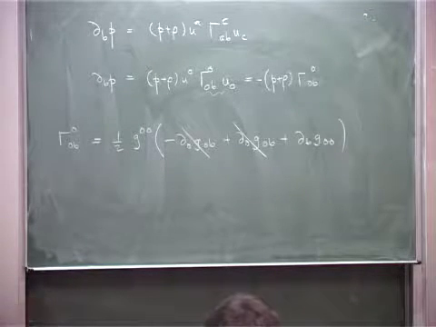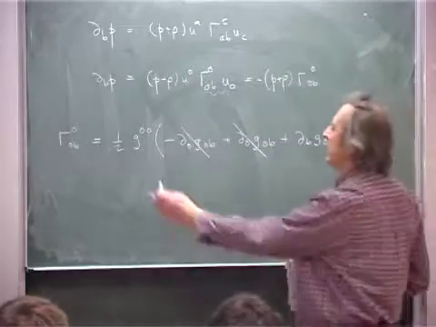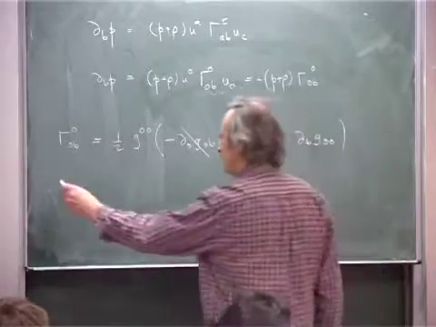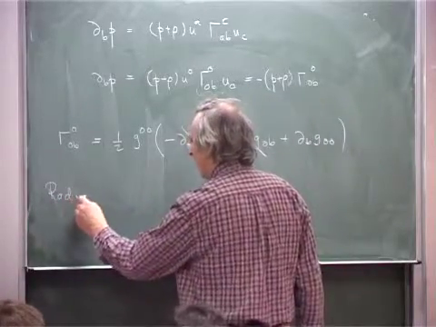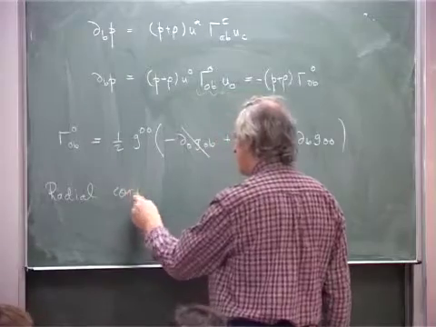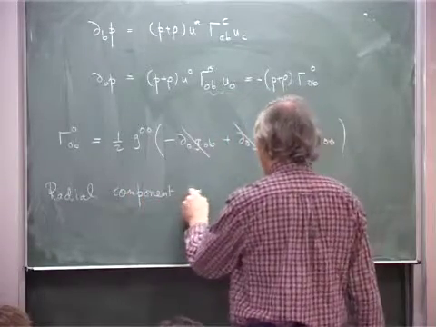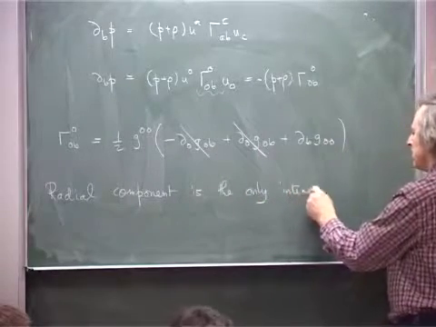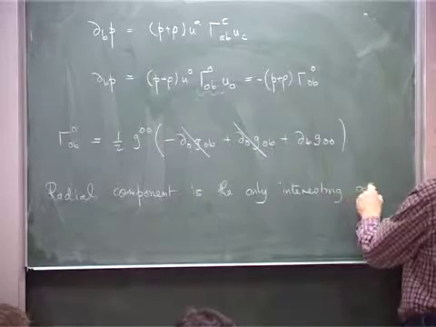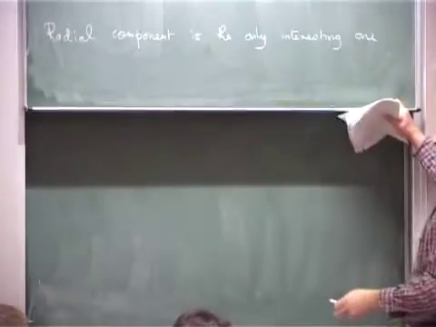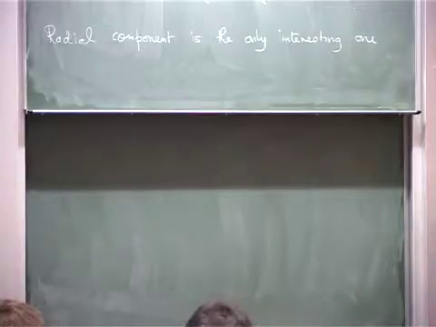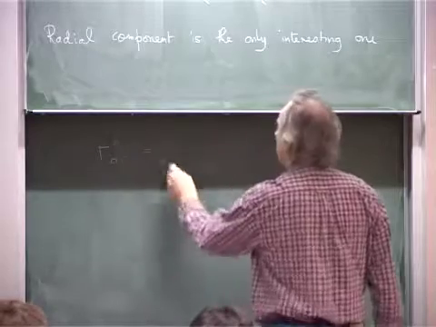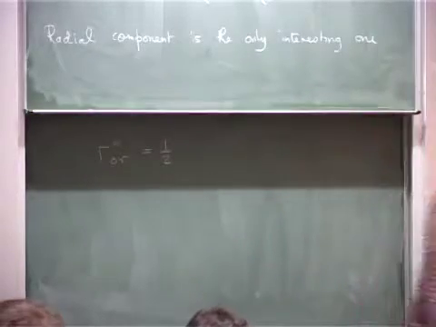Now you can use the fact that everything is spherically symmetric, so the only interesting component of this equation is going to be the radial component. So gamma 0, 0 R is equal to a half of G0, 0 upstairs.